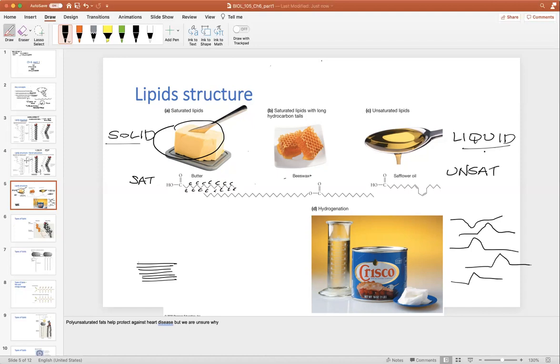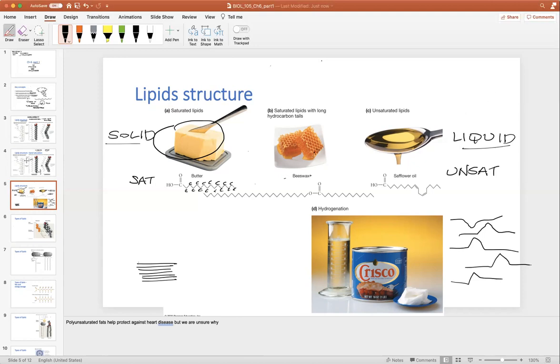Now, another thing that determines how solid a fat is, is how long these hydrocarbons are, how long these lipids are. So if we've got a bunch of short lipids stacked on one another, you get what I like to call a semi-solid, like butter. You've all experienced butter at room temperature, where it's soft, but it's still holding together.